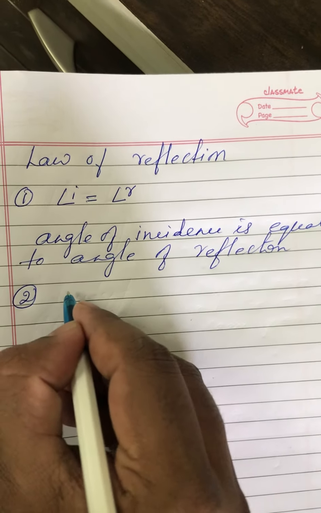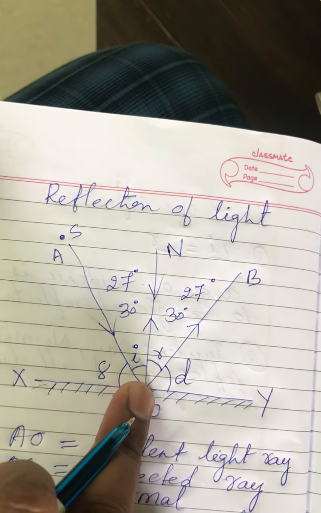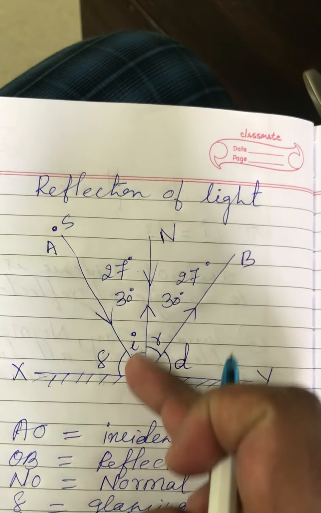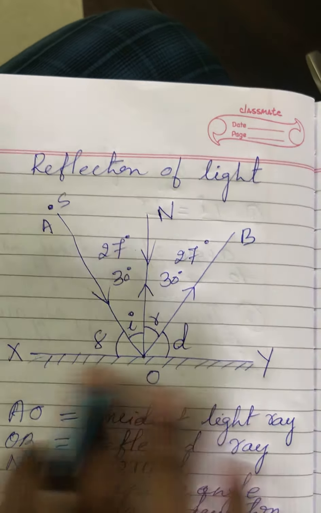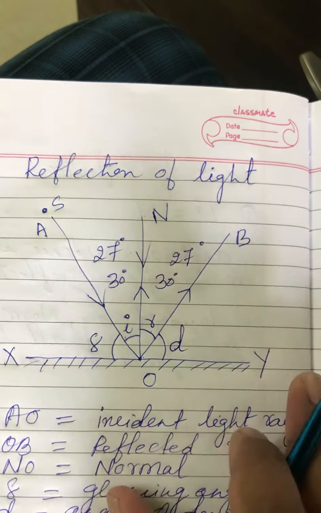Second one, incident light ray, normal and reflected light ray, all three lie on the same plane, same surface.